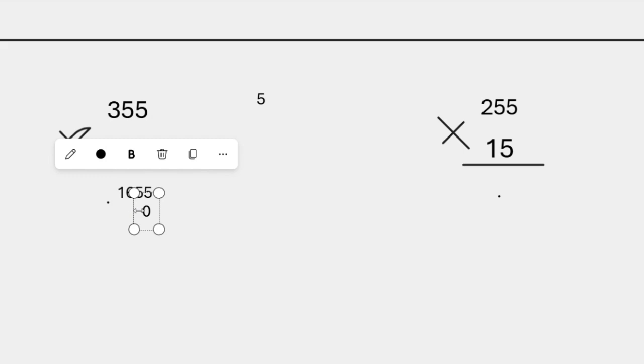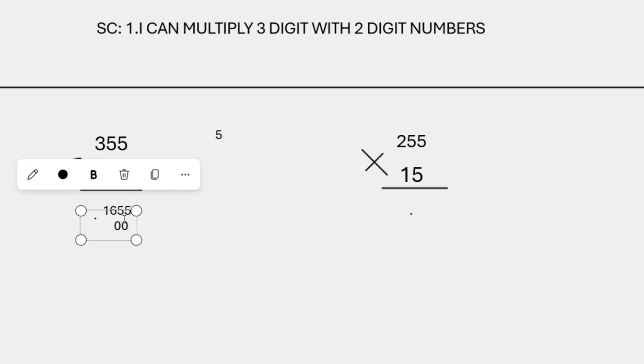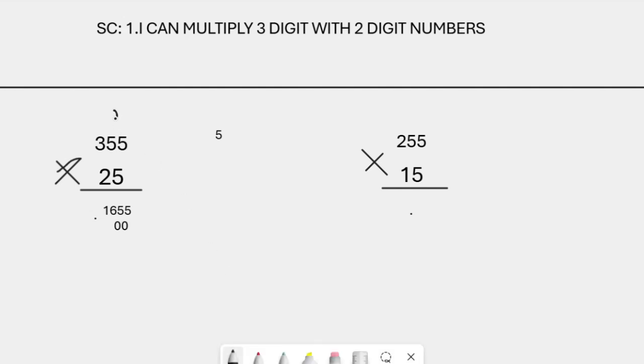So we put another 0 right over here, a 0, 2 zeros, and a 1 over here because it's 10 over the 5.